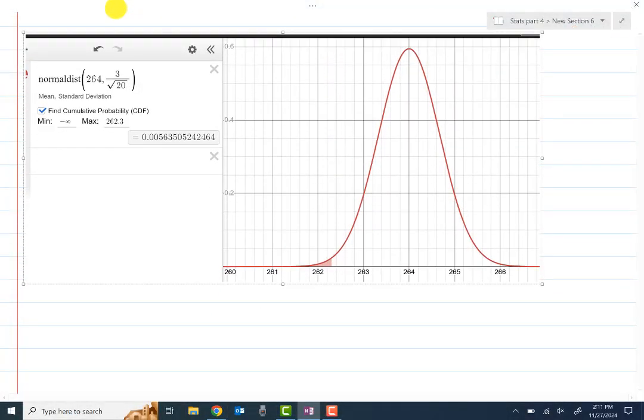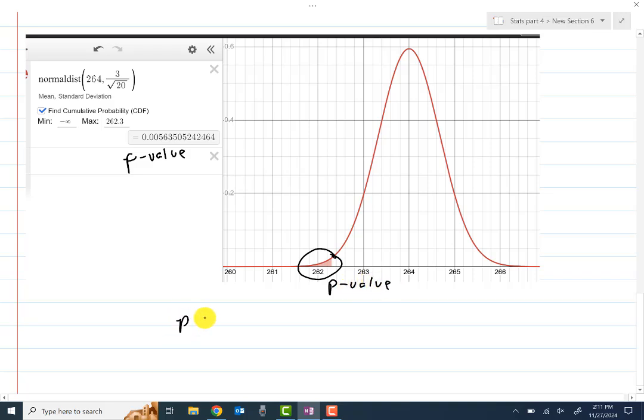So here's what we have. The p-value is this guy up here. And that's the area of this region in here. Let's compare them. My p-value was 0.0056.